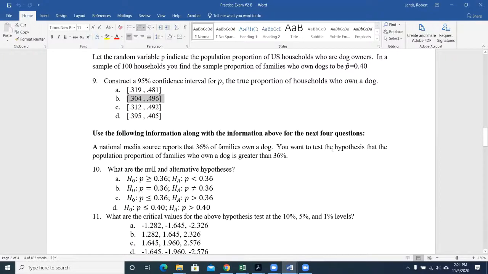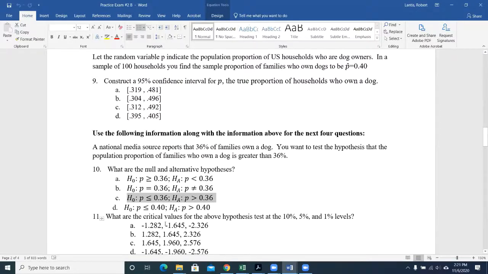So if I want to test for whether or not the true population proportion is greater than 0.36, I assume the opposite is true, which is that it's less than or equal to 0.36. So if this is my null and alternative hypothesis, what type of tailed test do I have? Right tail. Yeah, greater than sign in my alternative hypothesis, so a right-tailed test.